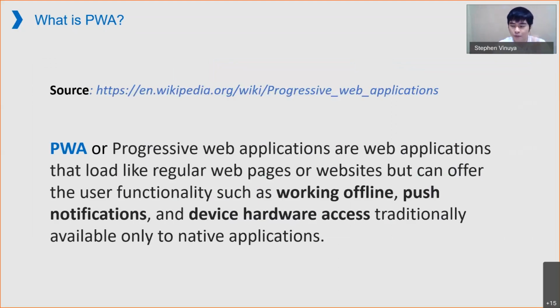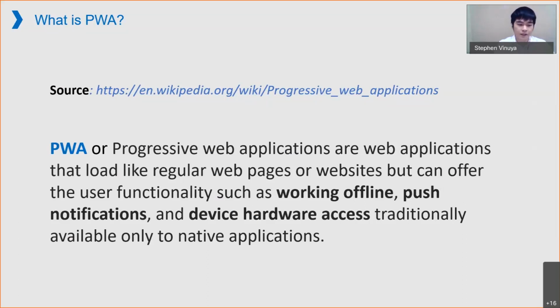According to my most reliable source on the internet, which is Wikipedia, PWA or progressive web applications are web applications that load like regular web pages, still work as regular web pages or websites, but offer functionality like working offline, push notifications, and access to device hardware, which is traditionally available to native applications like Android and iOS.